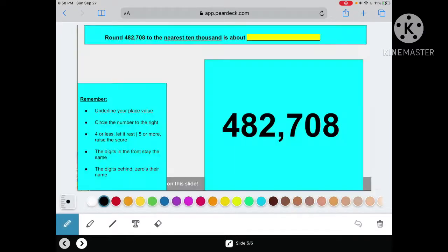Let's try another problem. You guys are good. Let's go ahead and round 482,708 to the nearest 10,000. Step 1, underline your place value. I'm rounding to the nearest 10,000. What number am I going to underline?